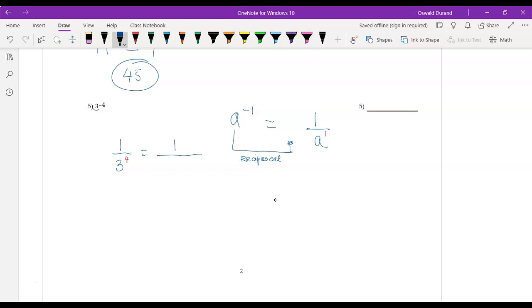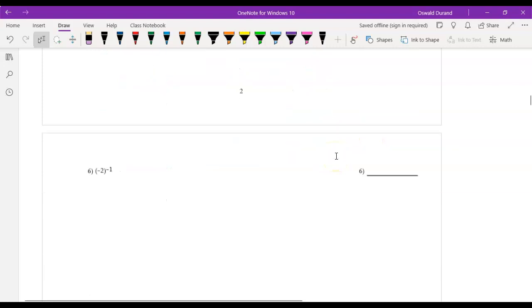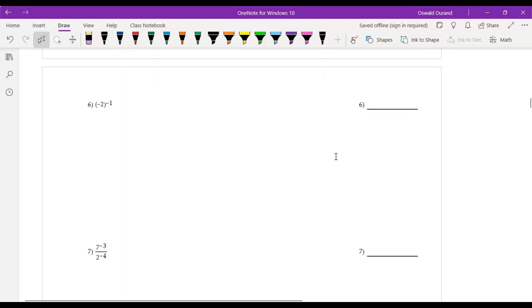But if you have to work it out, you just put 3 times 3 times 3 times 3, and at the end you have 1 over 81. Okay? All right, so a negative exponent does not result in a negative number. Okay? So just make sure you understand that. Unless the base is negative.